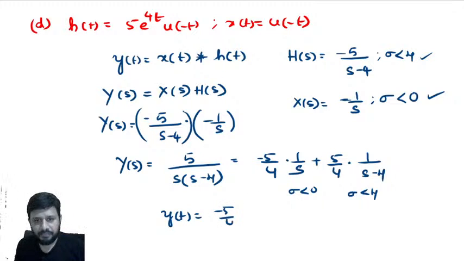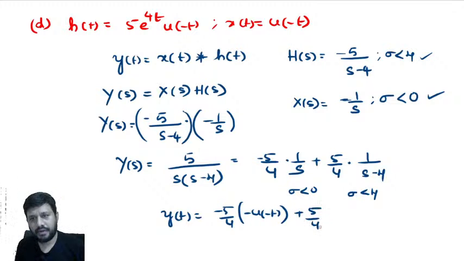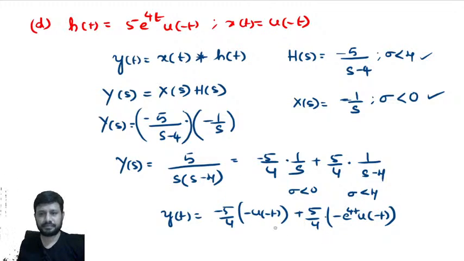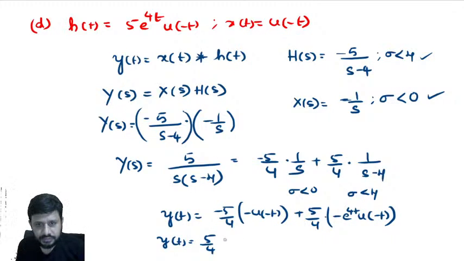Minus 5 by 4. What is the inverse of 1 by s for sigma less than 0? Minus u of minus t. What is the inverse of 1 by s minus 4 for sigma less than 4? Minus e power 4t u of minus t, or overall y of t becomes 5 by 4 u of minus t.